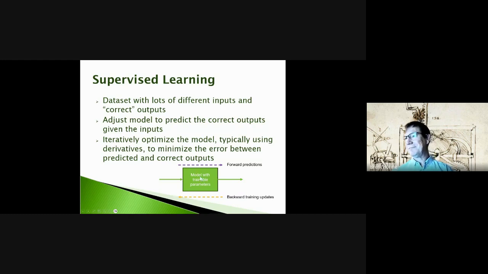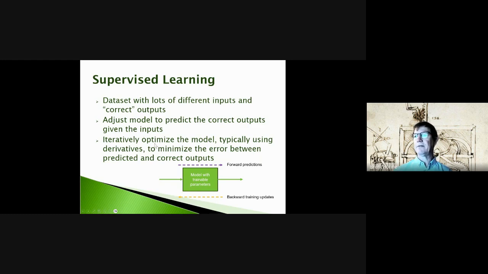It's just not possible with these large models to come up with some closed form solution to just calculate them. So we're going to do this kind of backward training updates where we look at how far off we are and try to predict how to change those parameters to improve those predictions, right? So there's a little bit of an optimization process going on here.